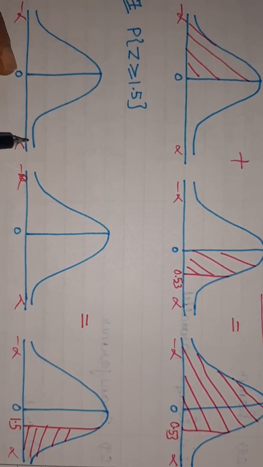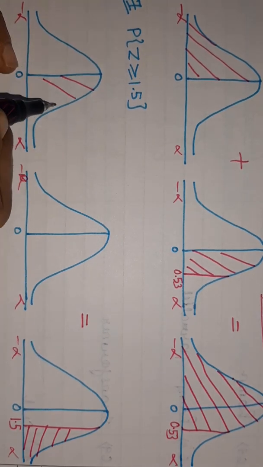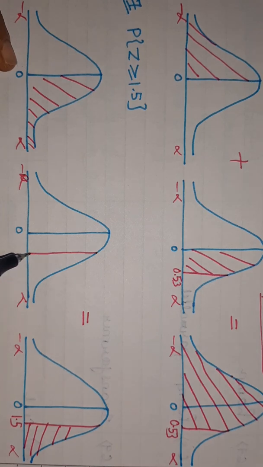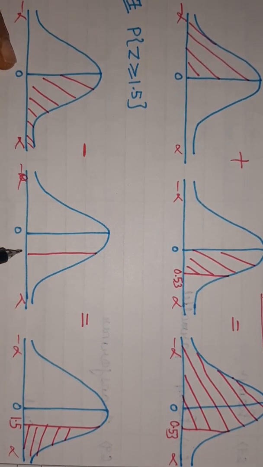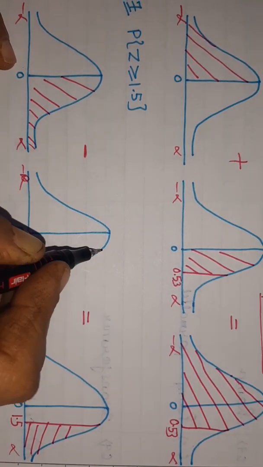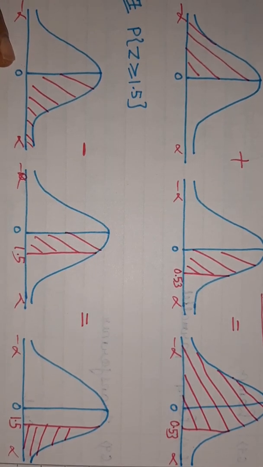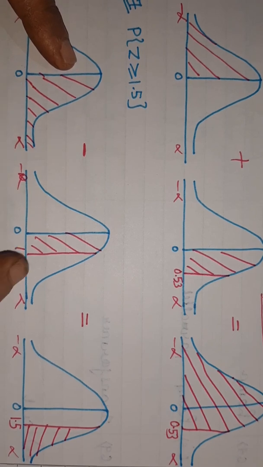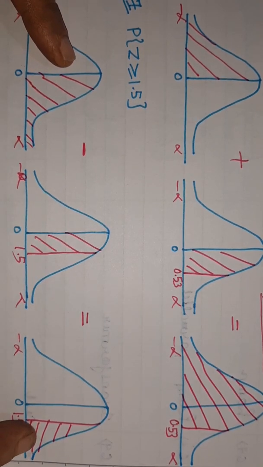From 0 to infinite, complete this area. From this, if we subtract this area, from this full, if we subtract this area, we find this. Very simple.